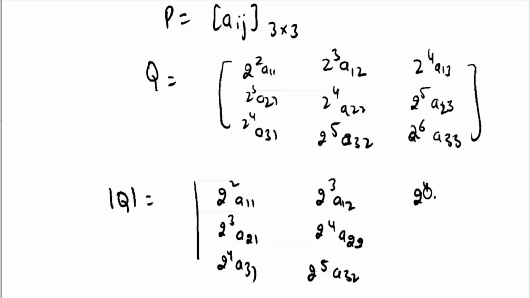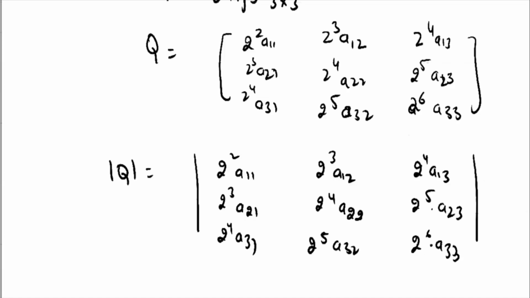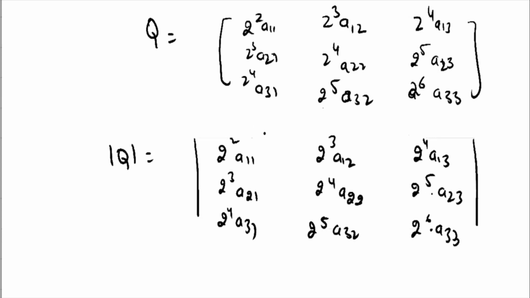Here we have 2 raised to power 4 into A13, here 2 raised to power 5 into A23, and here 2 raised to power 6 into A33. Now we will take 2 square common from this column, 2 cube common from this column, and 2 raised to power 4 common from this column.